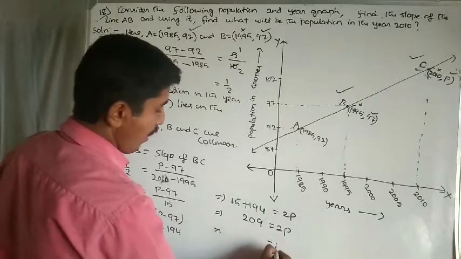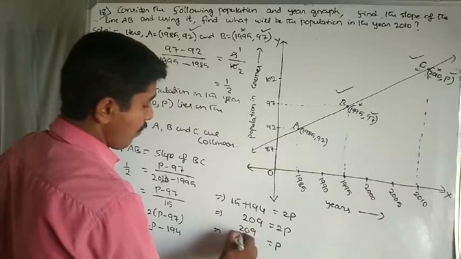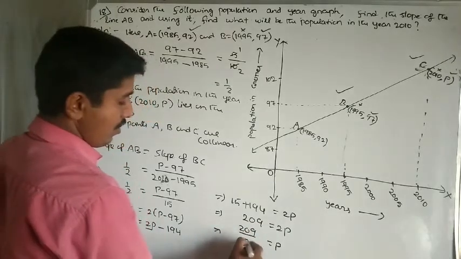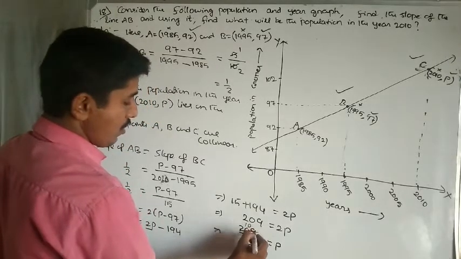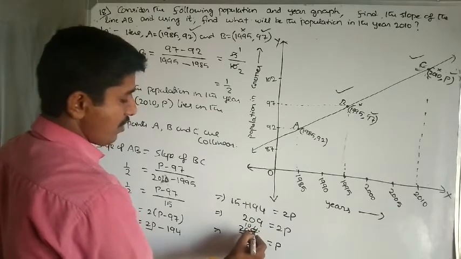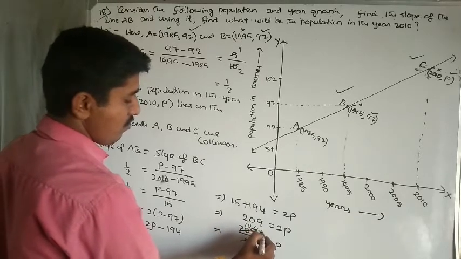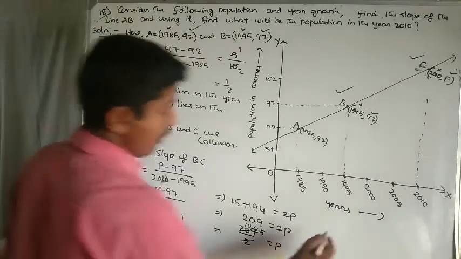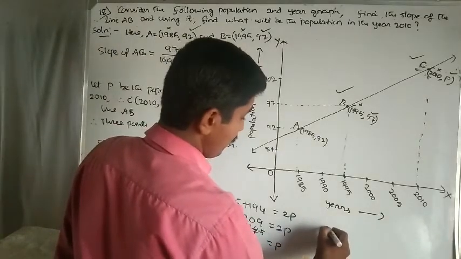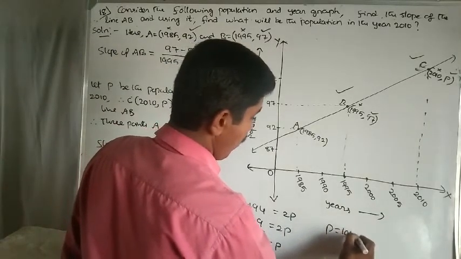Then P equals 209 divided by 2, which is 104.5.